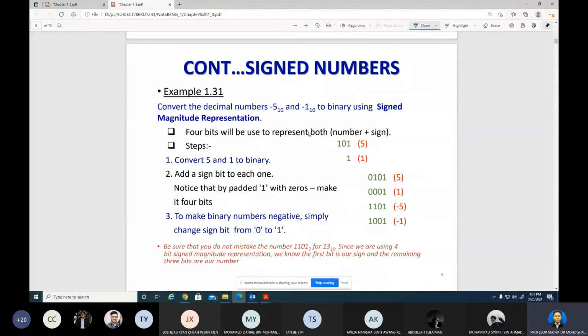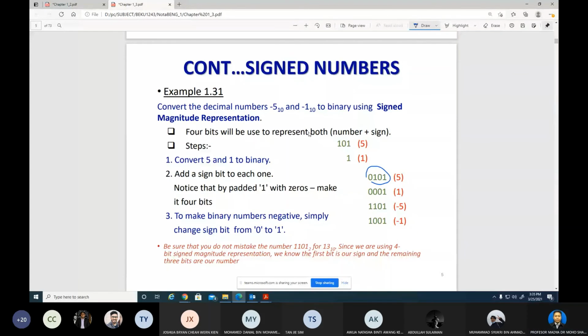So this one, I think, is the same, so that's why you can convert. For example, we have the value 5 here, 0101. 0101 is 5, but how do we make this negative 5?